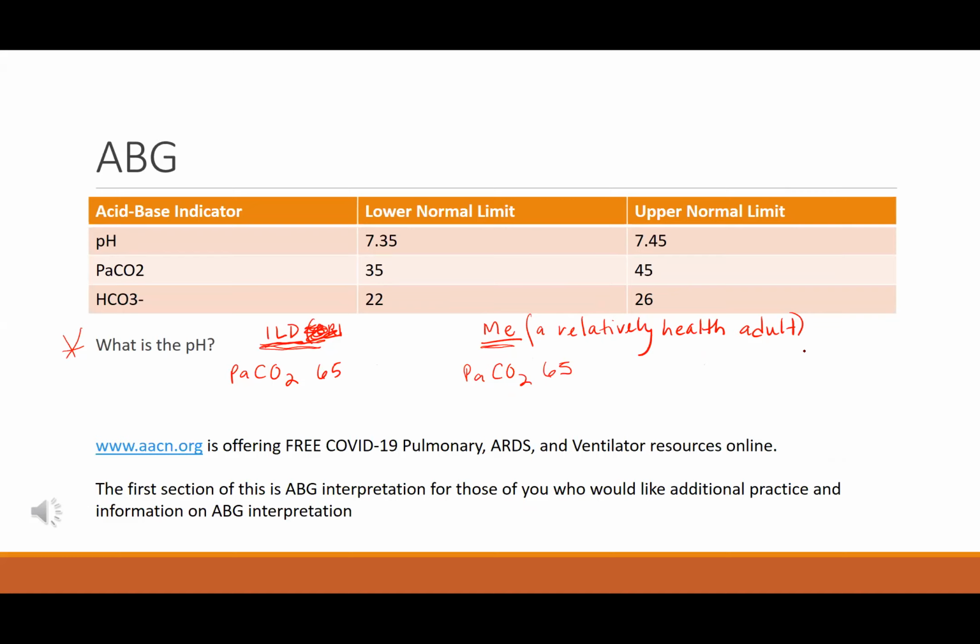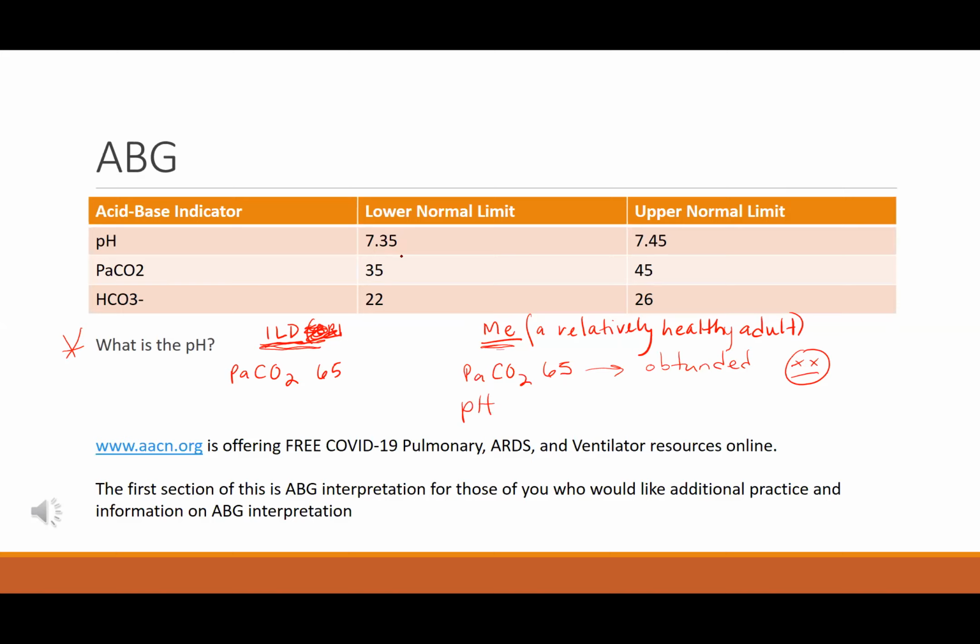So in this scenario where you have a relatively healthy adult, if my CO2 were all of a sudden 65, I'm not going to look so good. This is going to be me. I'm probably going to be obtunded. I'm probably not looking very good. I might even be unconscious. I'm probably going to need some support ventilating.